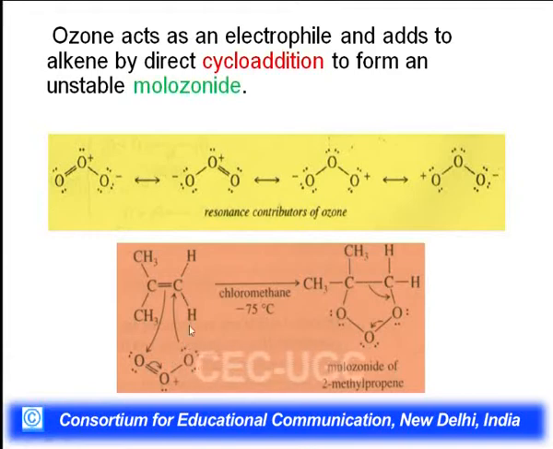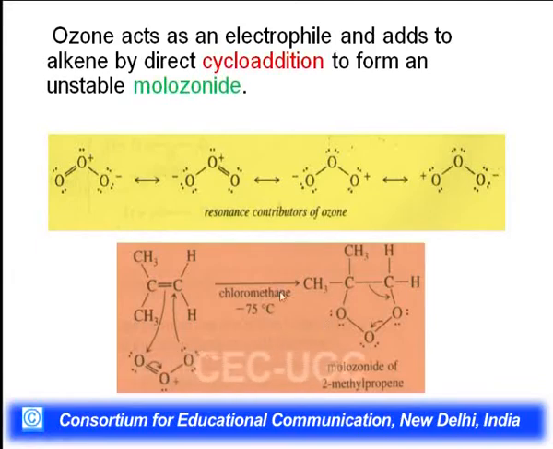It simply adds across this double bond, that is, the pi bond breaks, it makes a bond here with this oxygen, and this carbon becomes electron deficient. The other oxygen goes and forms a bond here, forming a monoozonide or an initial ozonide.